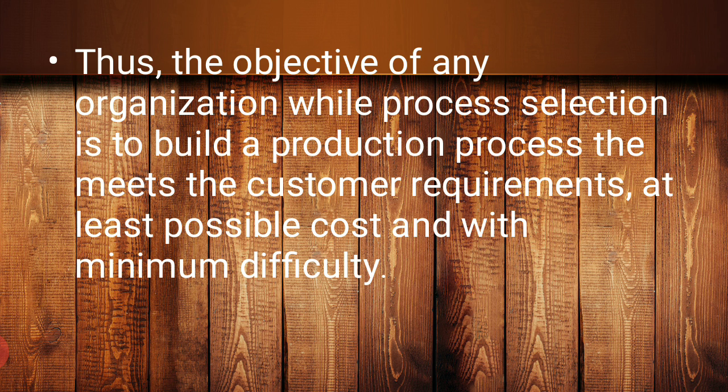Again, it's not a costly affair on the part of the manufacturer, that means it is manufactured at the least possible cost, and with minimum hurdles and difficulties, with minimum effort on the way of production. That kind of process has to be decided by the manufacturer.